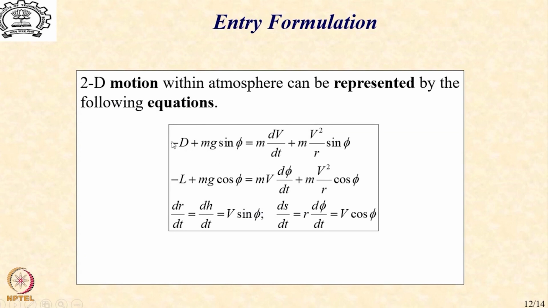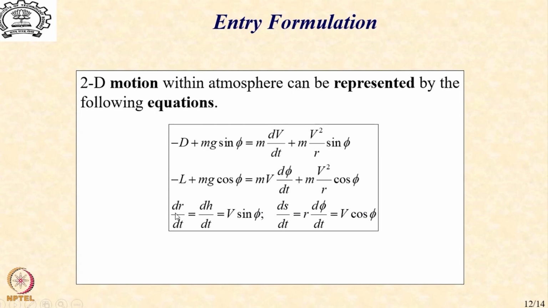Now, this is the equation along the velocity direction. We now have another equation perpendicular to the velocity direction, where now you have the presence of a lift, the gravitational component, and then you have the normal inertia force and the component of centrifugal force in the normal direction.